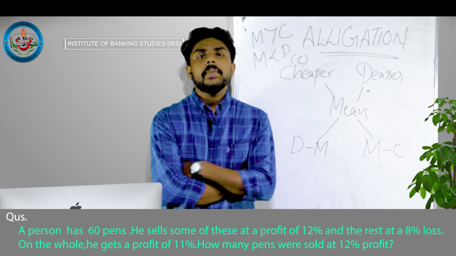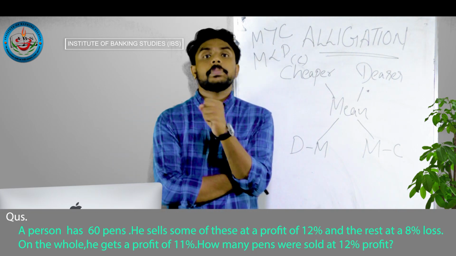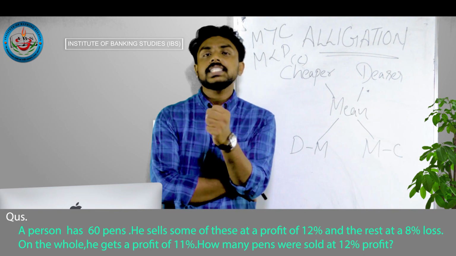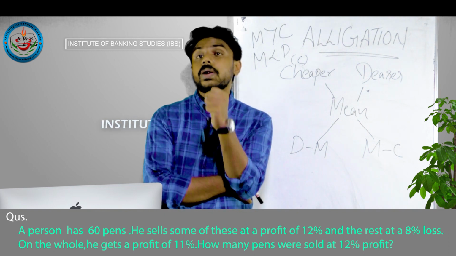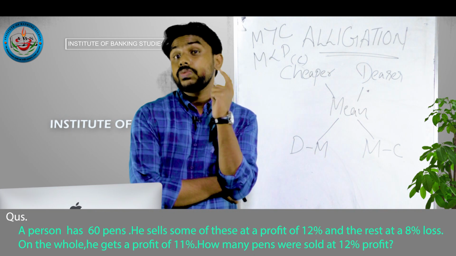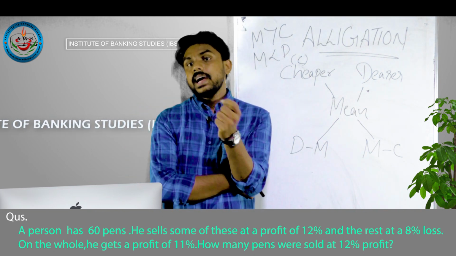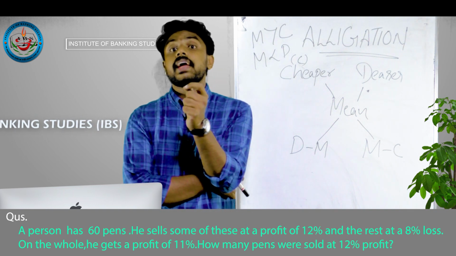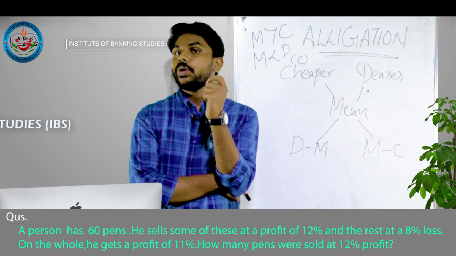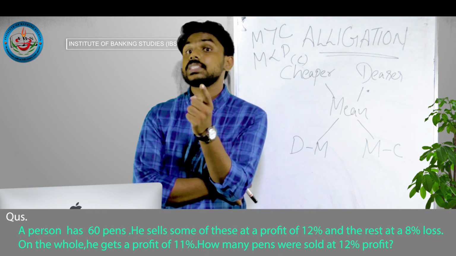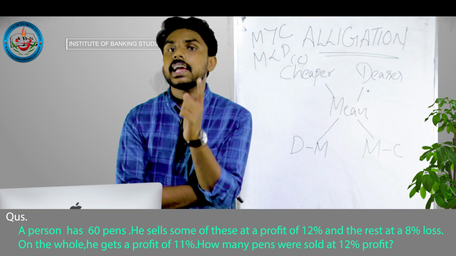What is our question? A person has a total of 60 pence. He sold some of these pence at a profit of 12%, and the remaining pence were sold at an 8% loss. We know profit can be denoted by a plus sign, and loss can always be denoted by a negative sign.